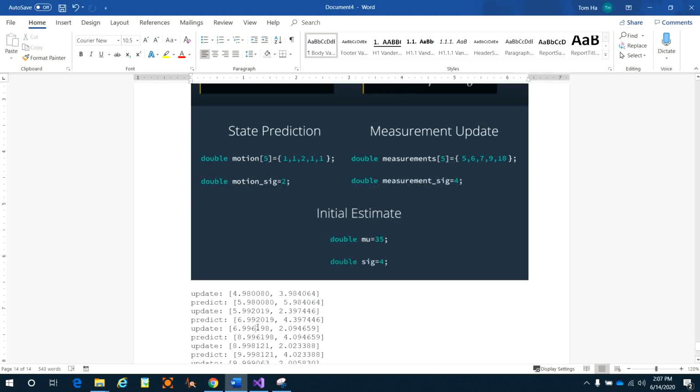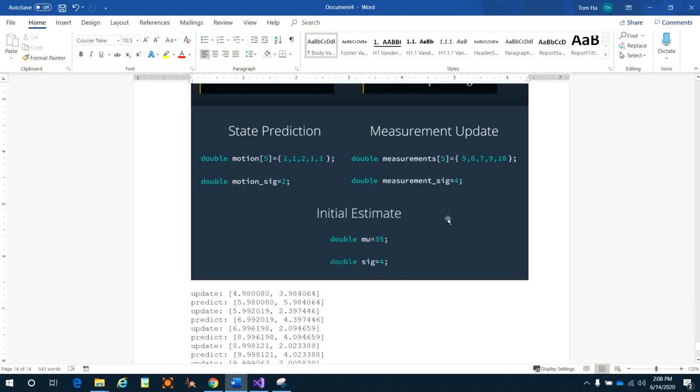In the next location, the sensor measurement is 7. They continue, compare, and update the measurement between the prediction and the measurement.